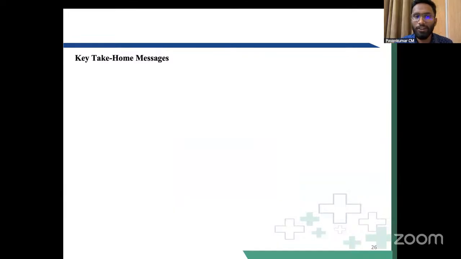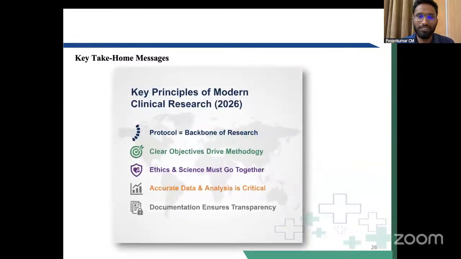The key take home message of this protocol session is that protocol is the backbone of research. A clear, objective-driven methodology should be there, ethics and science must go together in our research, and accurate data and analysis is critical.